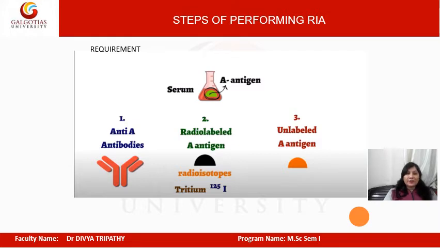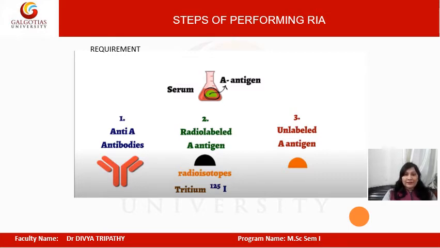The first requirement is anti-A antibodies, means the monoclonal antibodies that can bind with A antigen to form visible precipitate. Now the second requirement is radio labeled A antigen, means if we have to find out the concentration of A antigen, we need two types of A antigen.